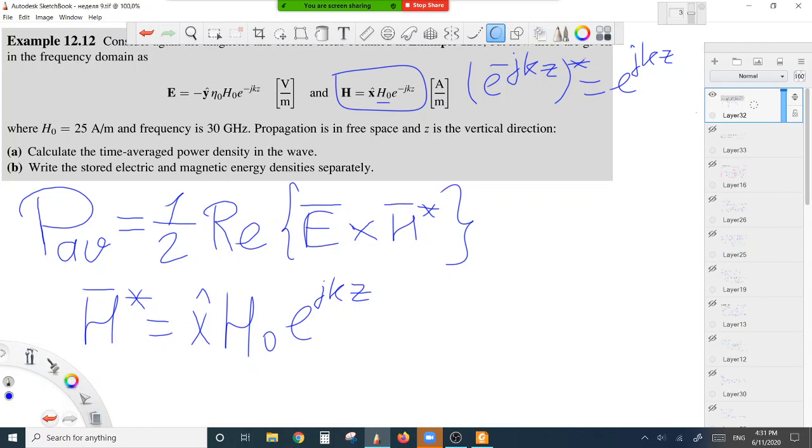And now let's try to compute the cross product of E and H and take the real part of this cross product.